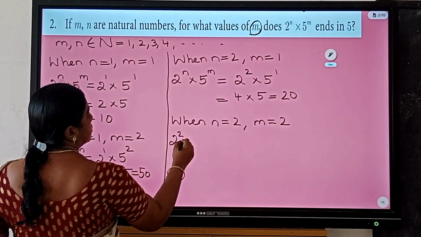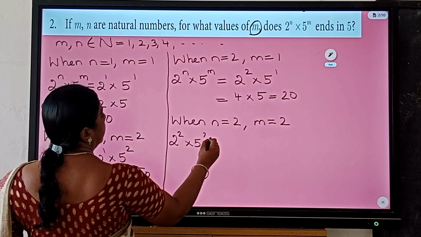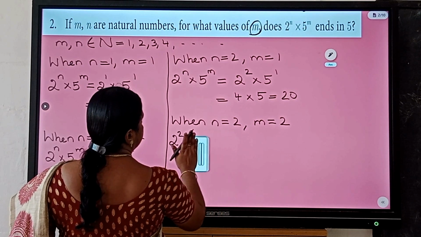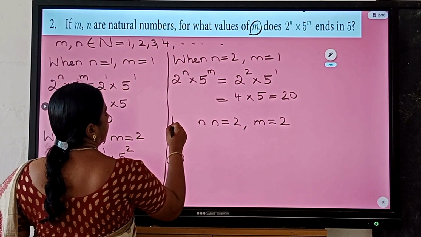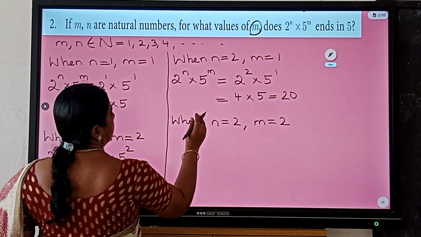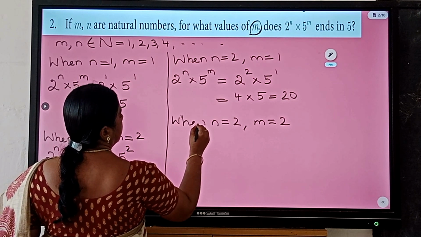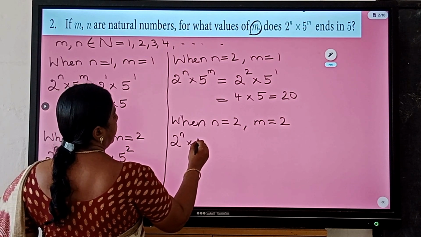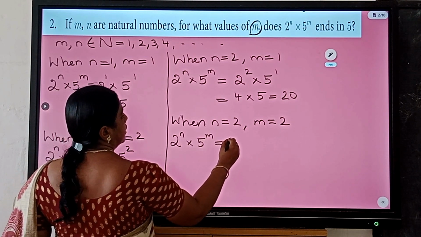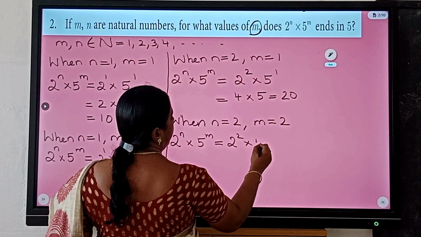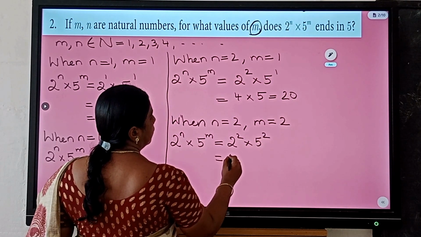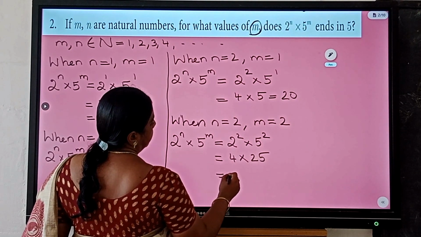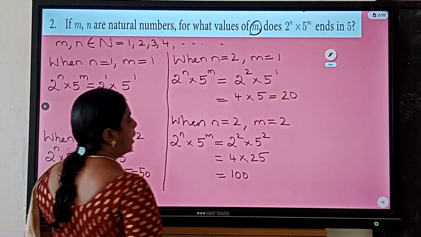So 2 power 2 into 5 power 2, that is 2 square into 5 square, 4 into 25, which is 100.